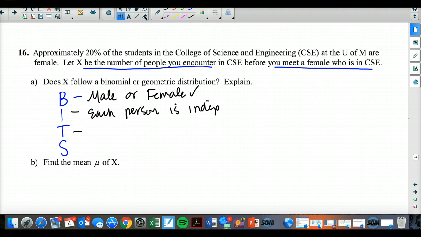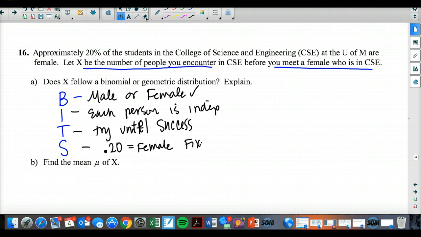T, you're going to try until success. And success is 0.20 of getting a female, and it is fixed.